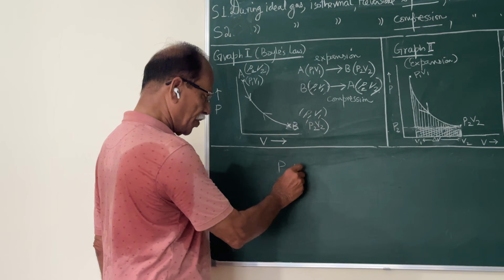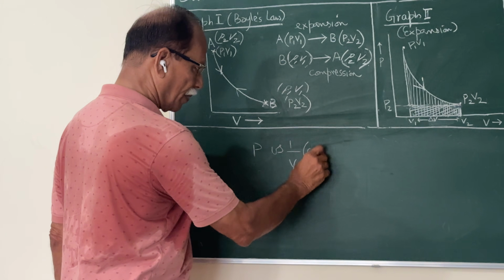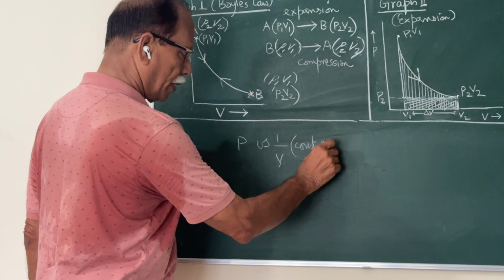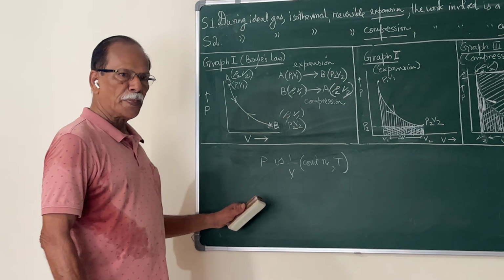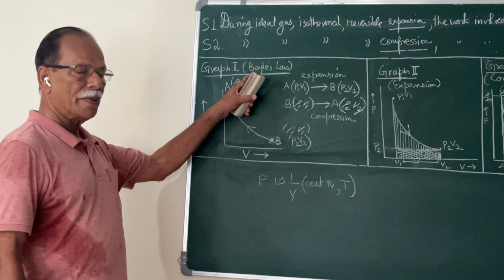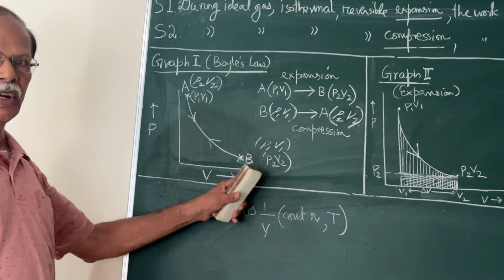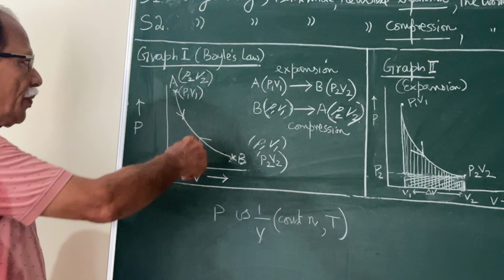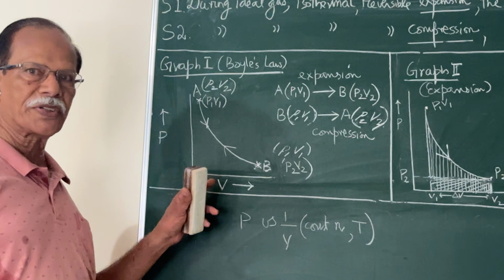Pressure is inversely proportional to volume. For a given amount of gas, constant number of moles, and constant temperature, the pressure-volume graph looks like graph 1. Pressure decreases with increase of volume in this particular graph style.